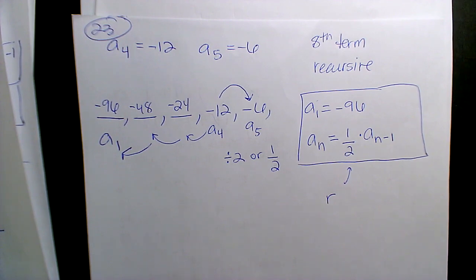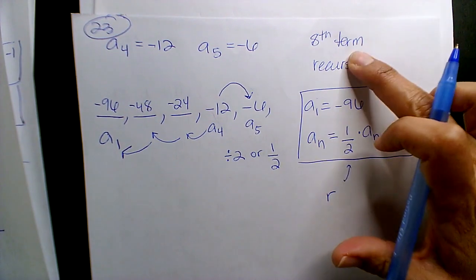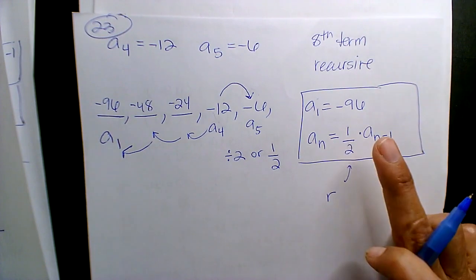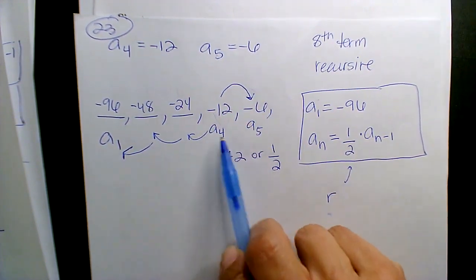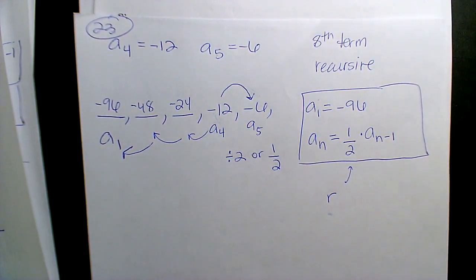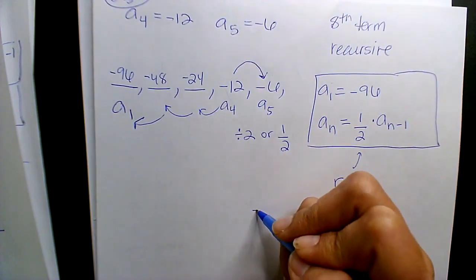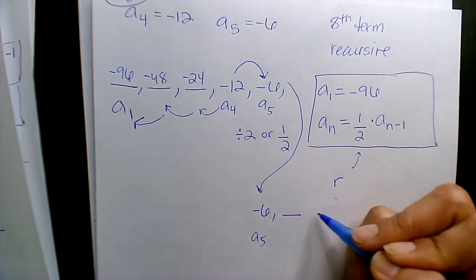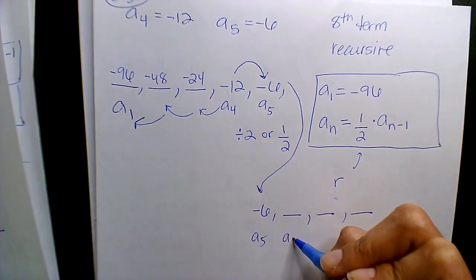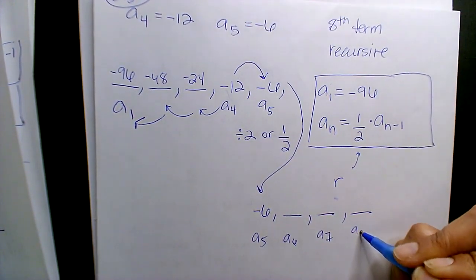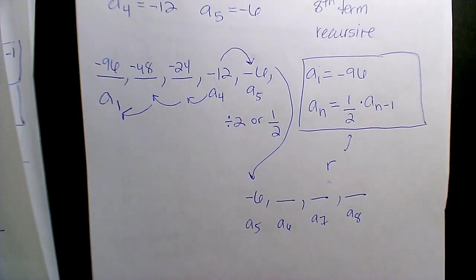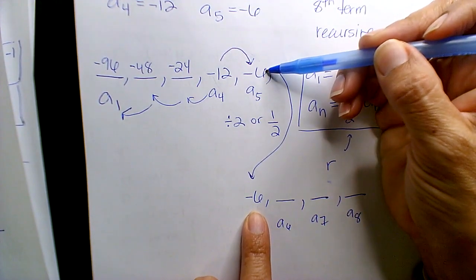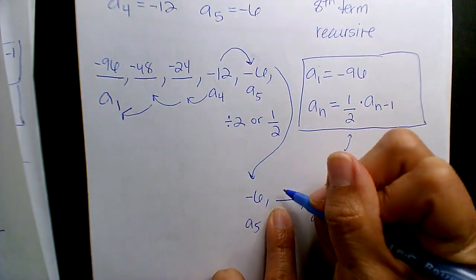Yeah? Okay, they want the 8th term, so once you have the first term, you can plug it in here, but if they give you the 5th term, I went too far. If you're at negative 6, right, this is a5, a6, a7, a8, yeah, 8th term. And if you're dividing by 2, what's negative 6 divided by 2? Negative 3.